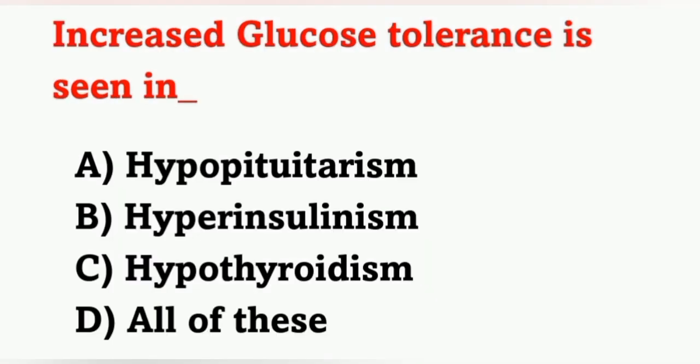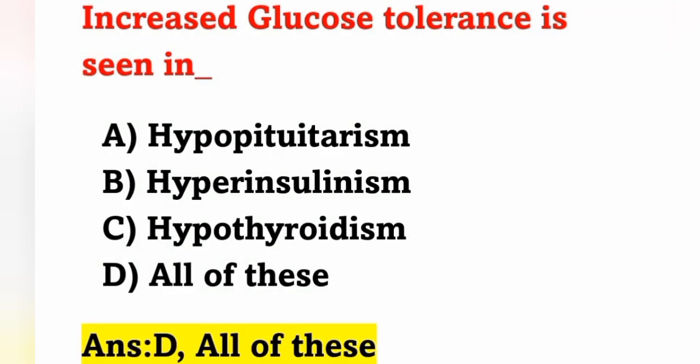And the next question, increased glucose tolerance test is seen in: option A hypopituitarism, option B hyperinsulinism, option C hypothyroidism and option D all of this. Increased glucose tolerance test is seen in all of this. Glucose tolerance means the ability of the body to absorb and use glucose.